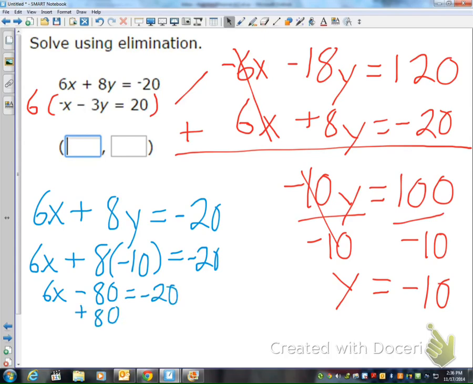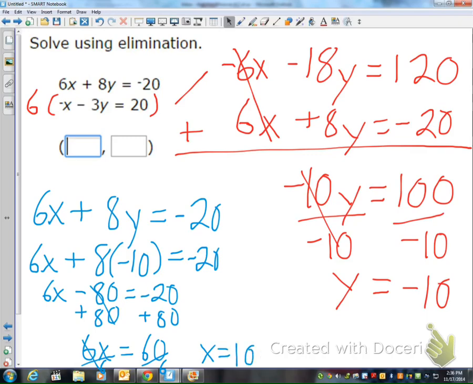I can add 80 on each side. So I get 6x equals 60. And then if I divide through by 6 on each side, I get x equals 10.